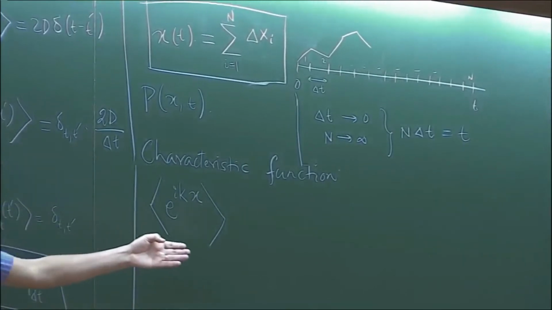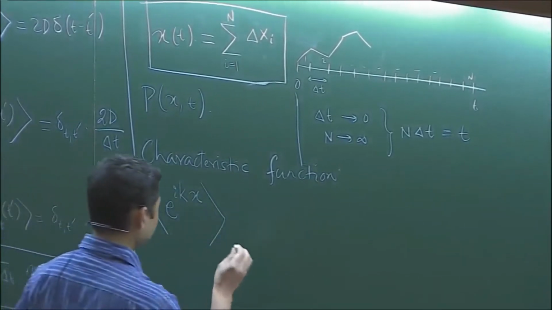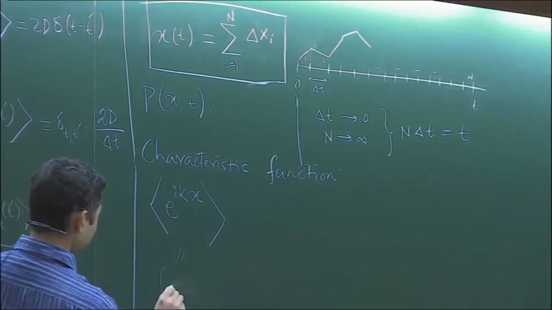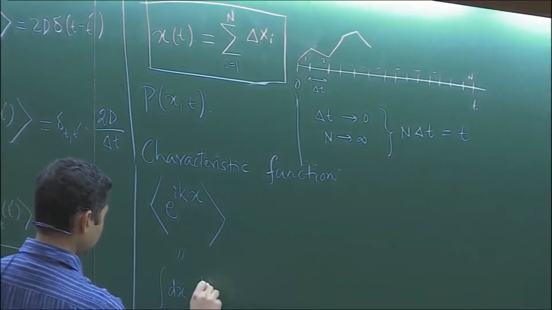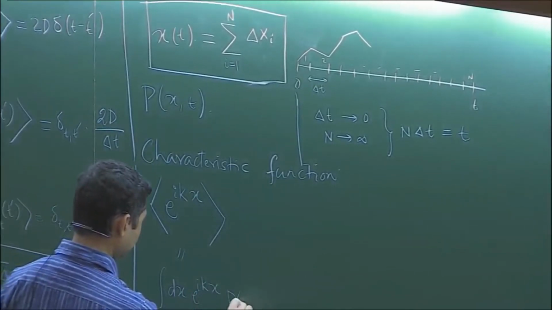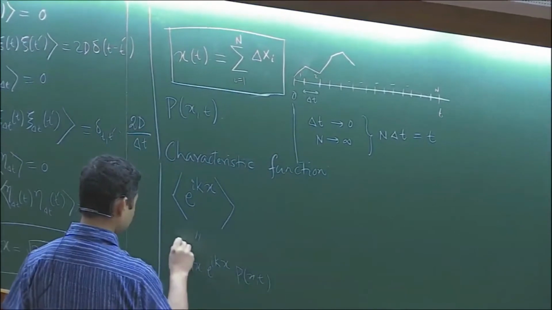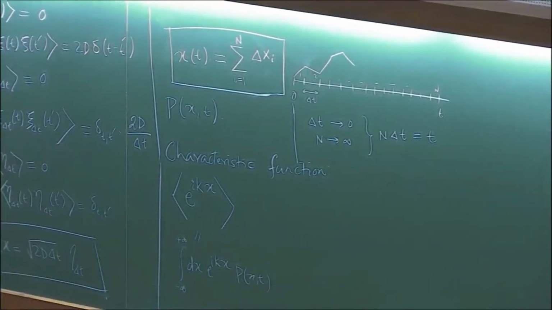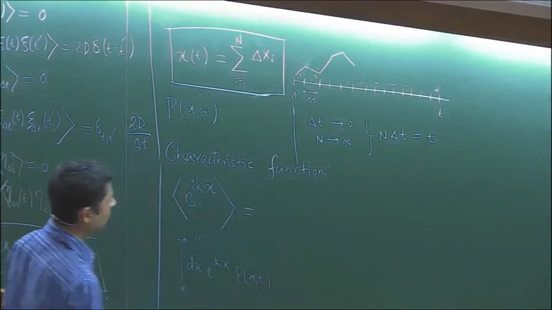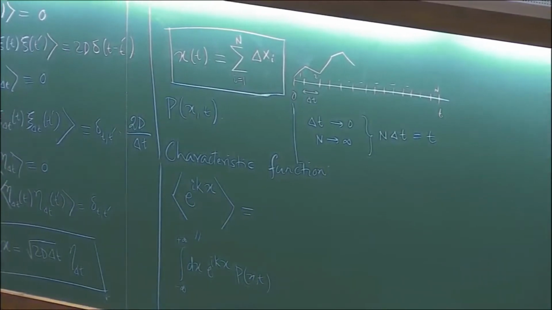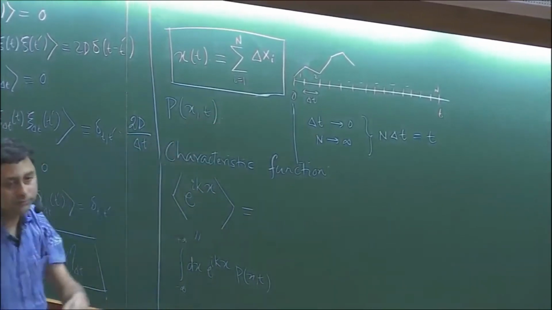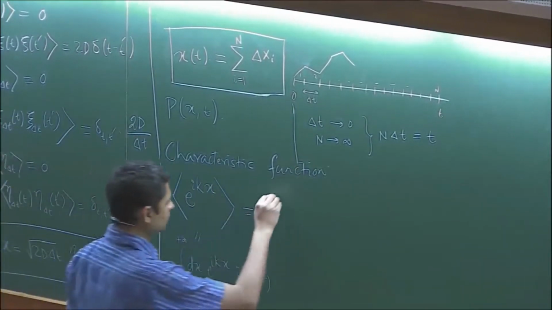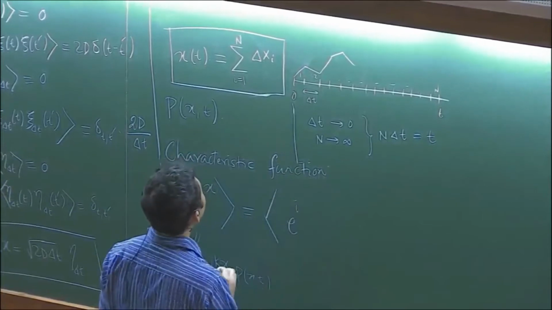It's essentially the Fourier transform, what we did yesterday. So this is the integral dx e to the power ikx p of x t, from minus infinity to plus infinity, right? This is what we did last time, when we solved this equation using this Fourier transform. So you see this connection is how we do it. Now I'm going to write it in terms of this object. So what is this? E to the power ik, let's say k.